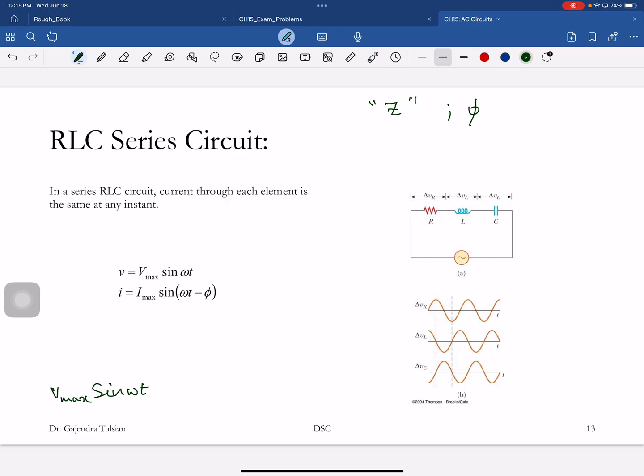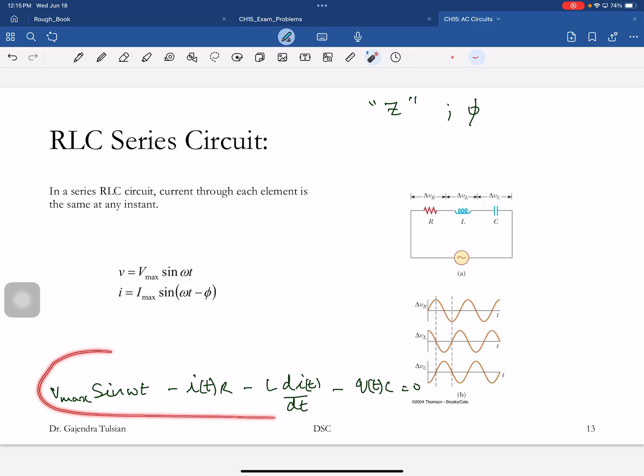Then minus I(t) R, minus L di by dt, and then minus Q(t) by C equal to 0. I is dq by dt, and so this would be a second order differential equation. And this will be messy, so we don't want to solve this.